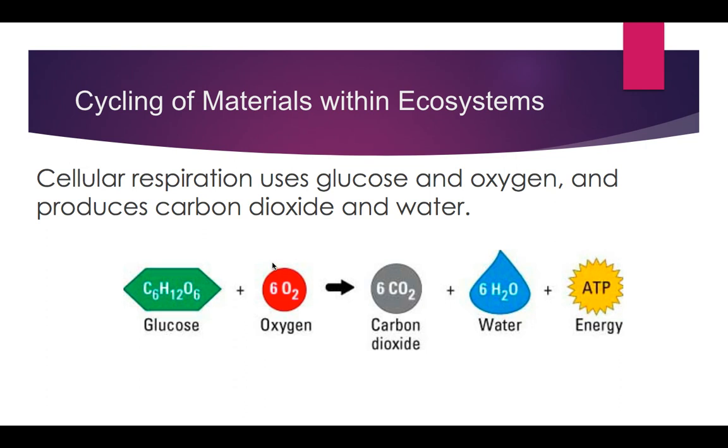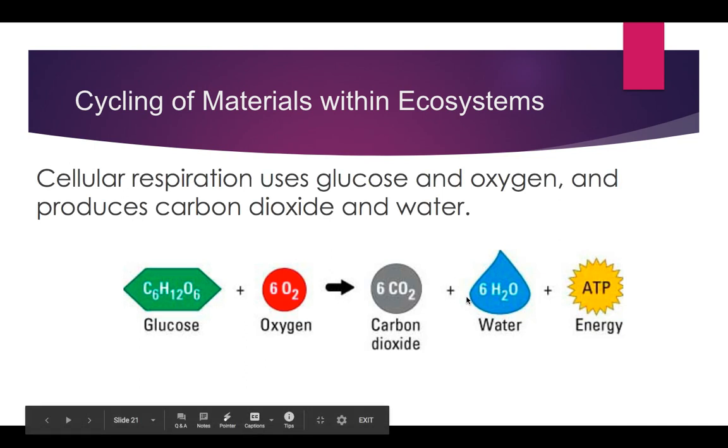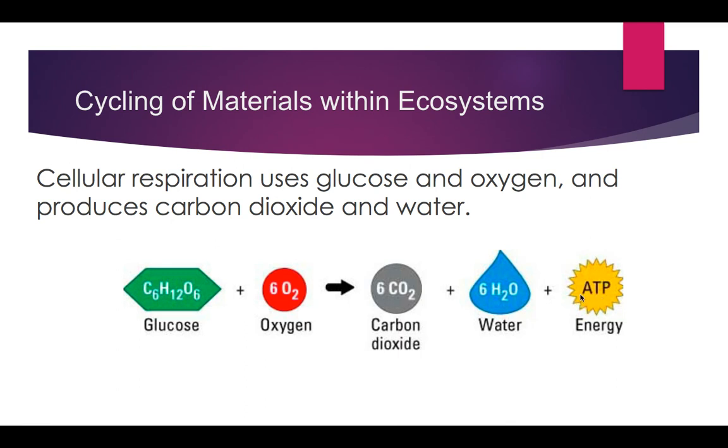What I'm going to produce from those two things is carbon dioxide when I breathe out, water, which is usually used in your body for different cellular processes, as well as energy. ATP is the technical term for this. You learn a little bit more about it in grade 11 bio. But right now I just want you to know that it's energy. This is the energy that you're now going to be able to use to do different activities.